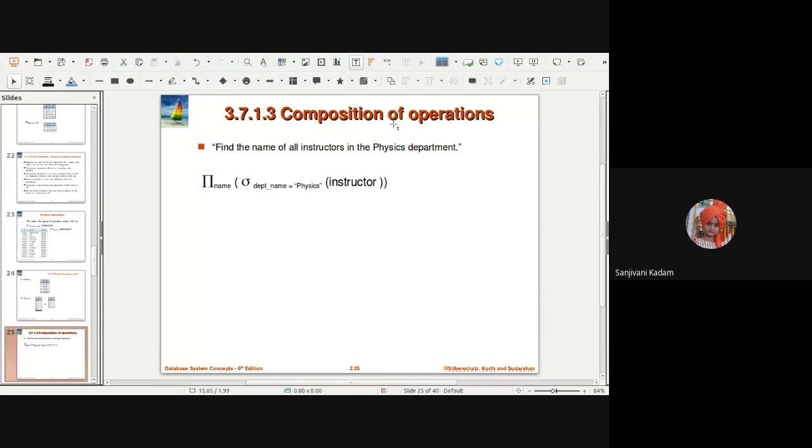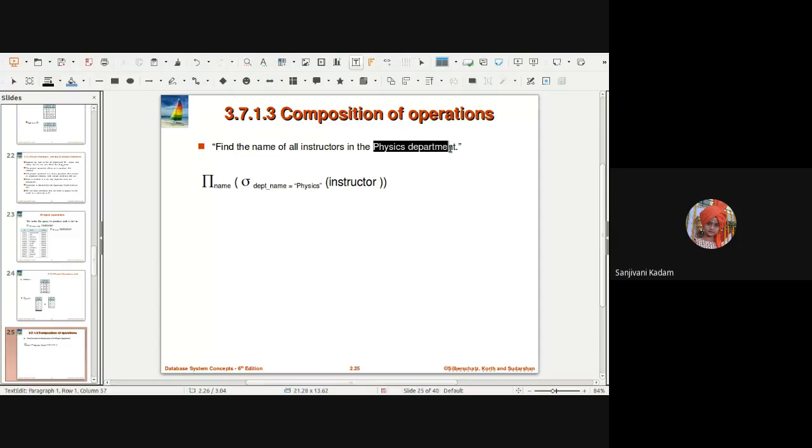Here the main point is that I wanted to display only name. Previously we were displaying the complete tuple.